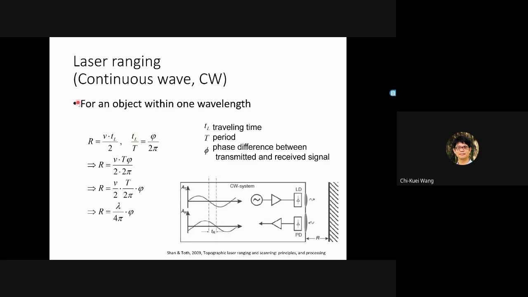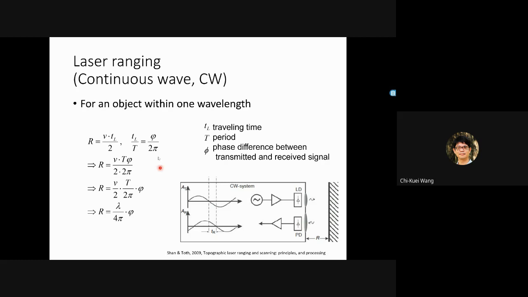That is the equation we will use to calculate how much time it has experienced for the laser to go out to the objects and go back to the receiver.